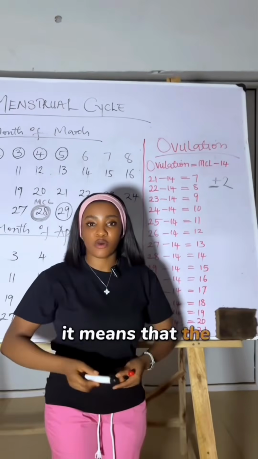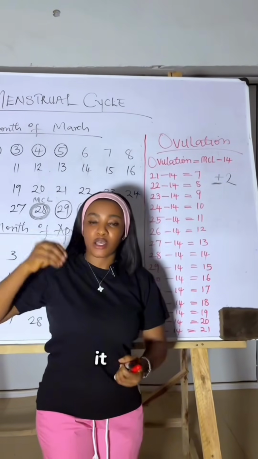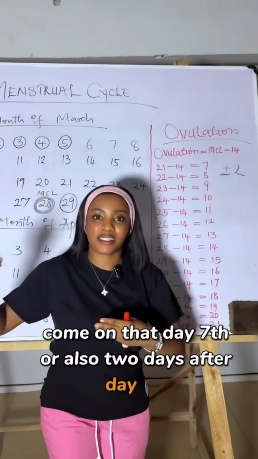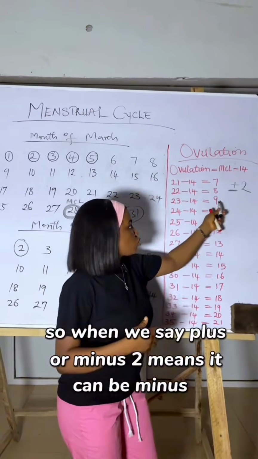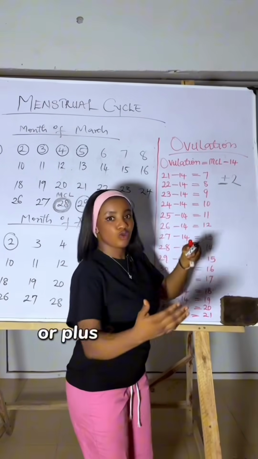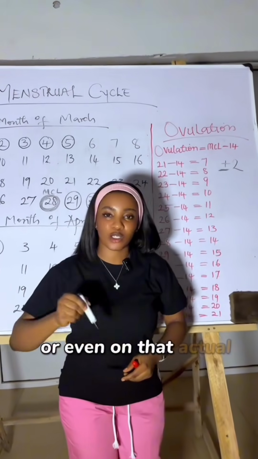So it means that the ovulation can come 2 days before this day 7. It can also come on that day 7 or 2 days after day 7. So when we say plus or minus 2, it can be minus 2, meaning 2 days before the actual day, or plus 2, which means 2 days after the actual day, or even on that actual day.